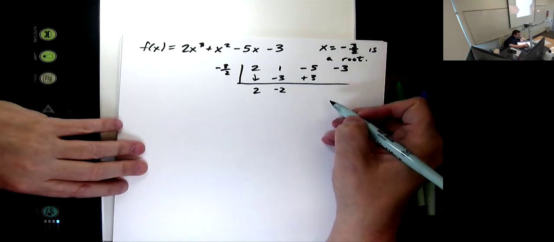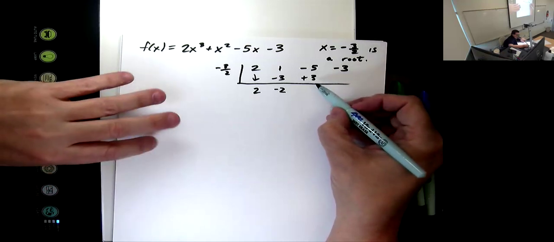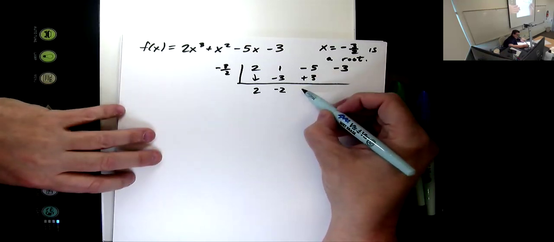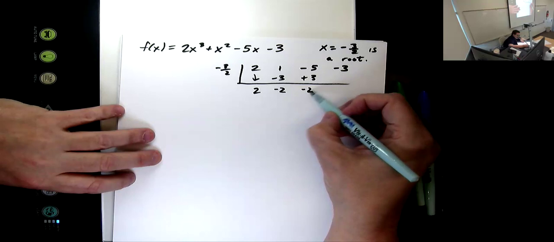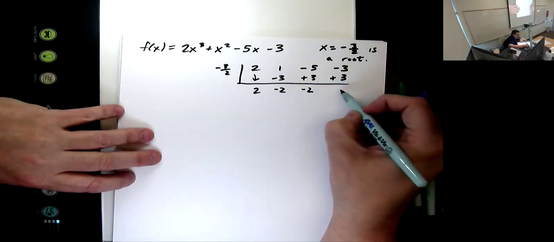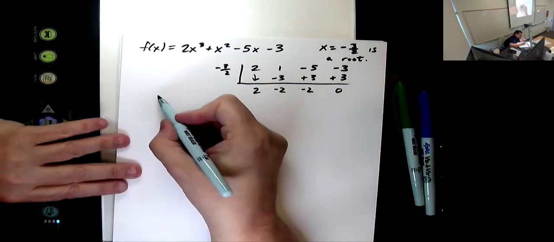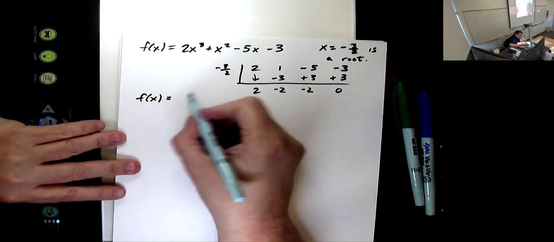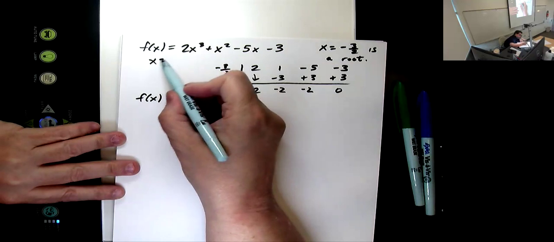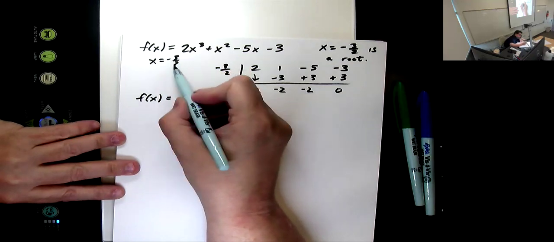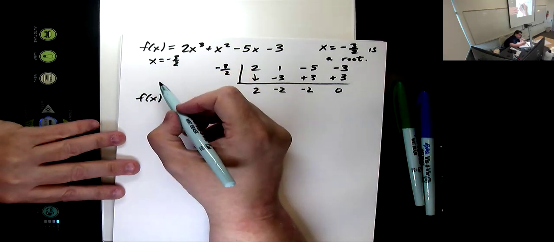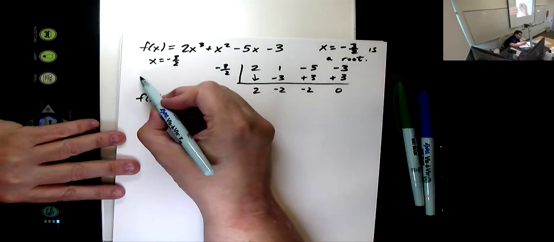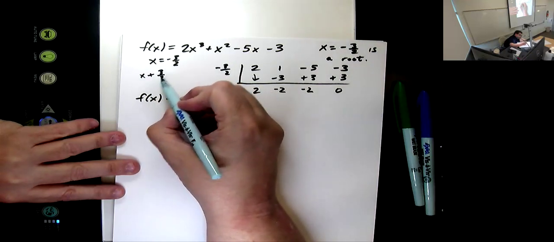The fraction is going away, right? This is a good thing. I add those up, I got -2. We just saw what that is. This hasn't changed. That's a +3. So 0. So I can write this: if x equals -3/2, I can add 3/2 to both sides and I get x plus 3/2.